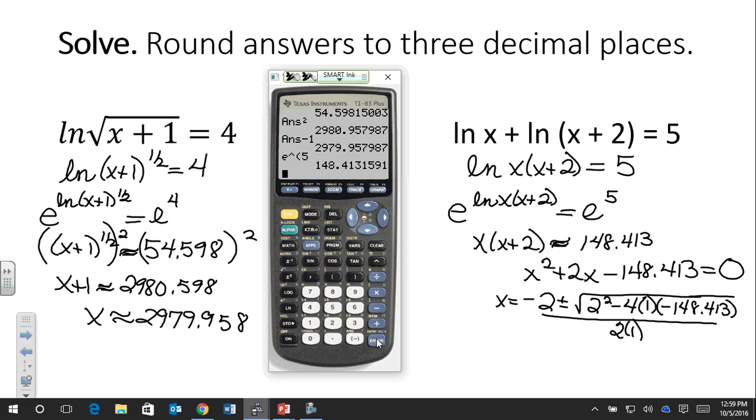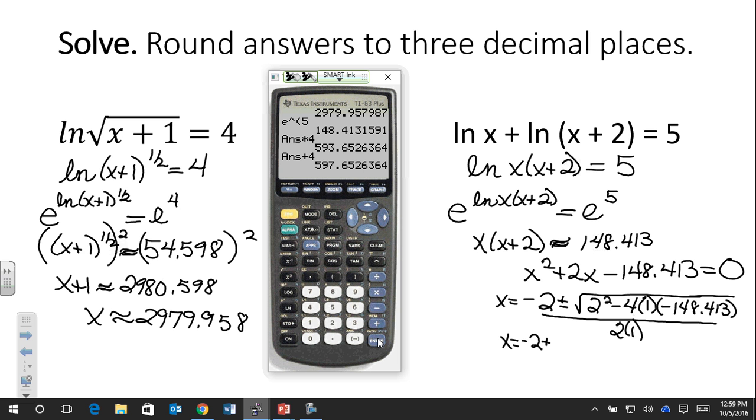Okay, so that's messy. When we take this number times a 4, negative times negative is positive, right? So we'll take this number times 4. And then we need to add it to our 2 squared, which is our 4. So plus a 4.